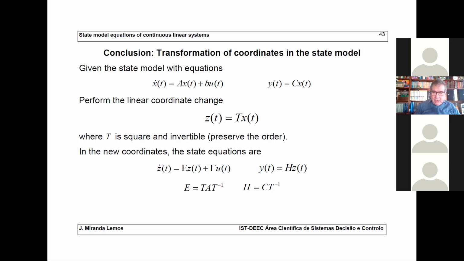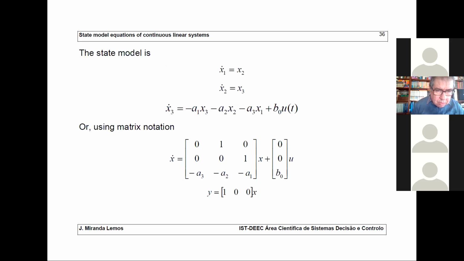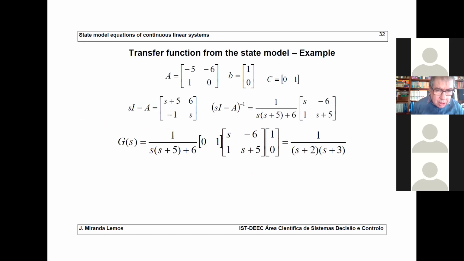So I won't do it here, but I suggest you do it at home when you study, that you compute the transfer function for z using the formulas that we have. Now, remember, the formulas for the transfer function, what are they? It was the first one that we learned this morning.